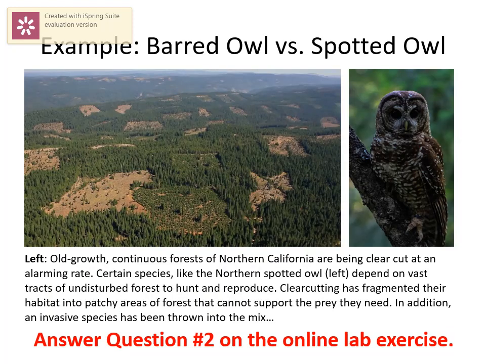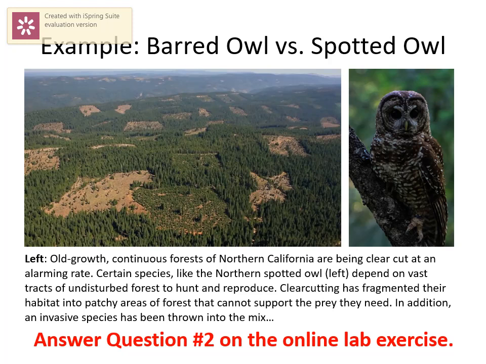A good example, and you'll see this in your textbook, is a species called the northern spotted owl that lives in Northern California. It lives in these old growth continuous forests in Northern California.